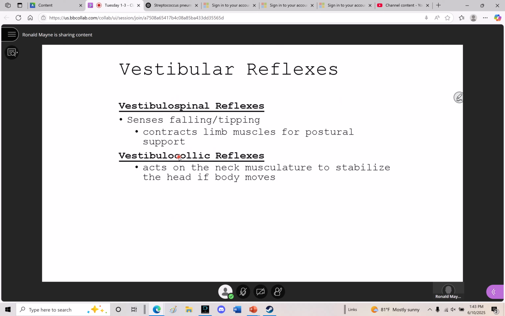Vestibulocolic. Colic refers to your neck region. So this reflex, this pathway is called head righting. R-I-G-H-T, not W-R-I-T. Head's not writing.